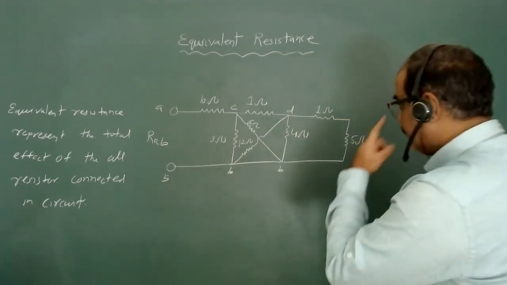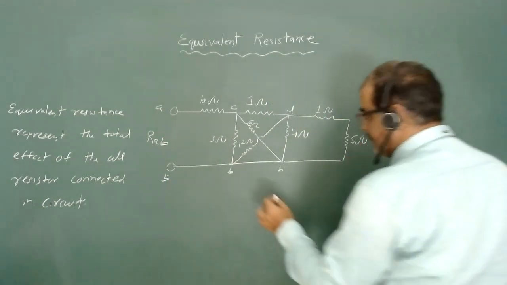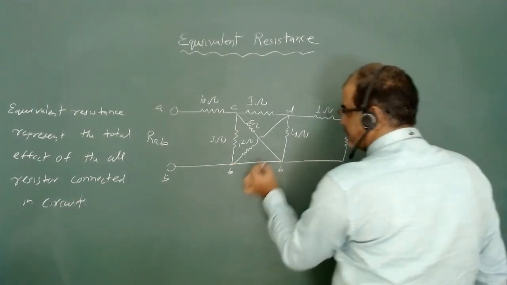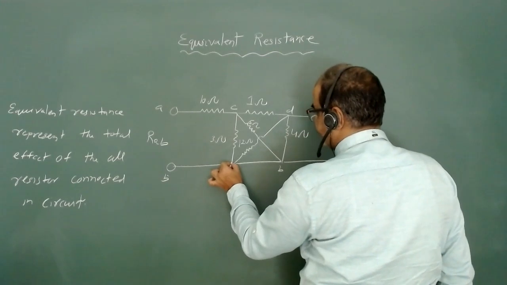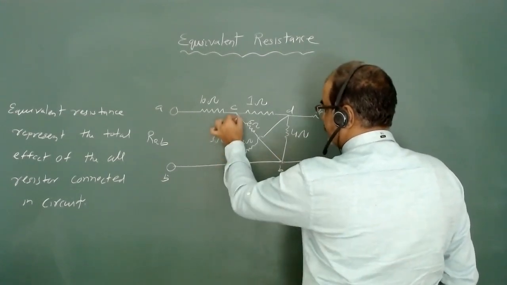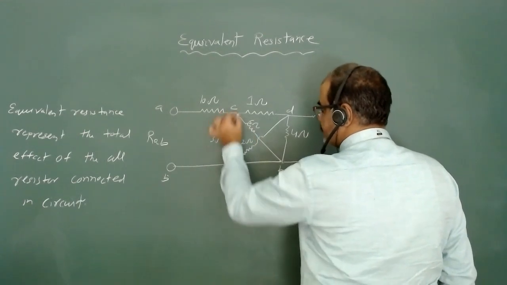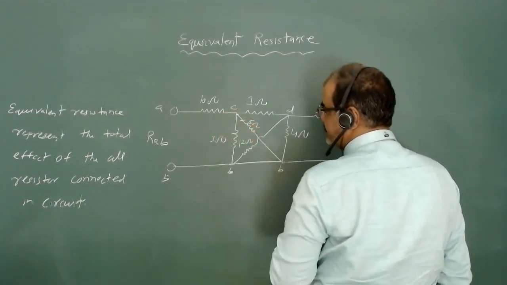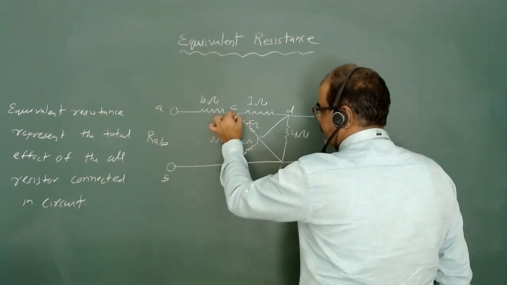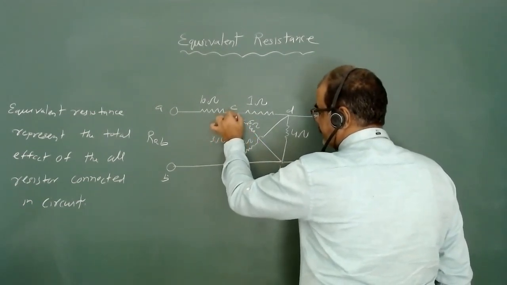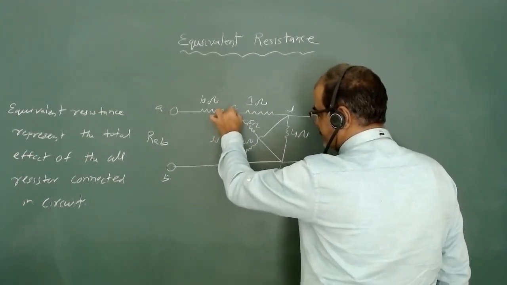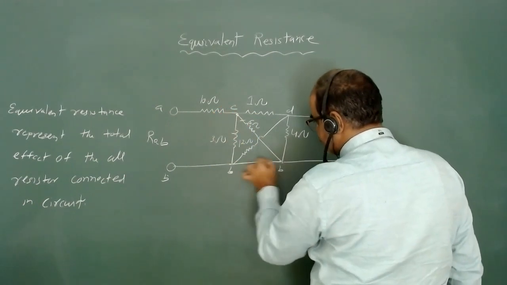If I look into the circuit, I can see here I do not have any resistance. So if I take this point B, these 6 ohm and 12 ohm resistances are in parallel. We can see one end, the head of the two, is connected with each other, and similarly their tails are also connected.